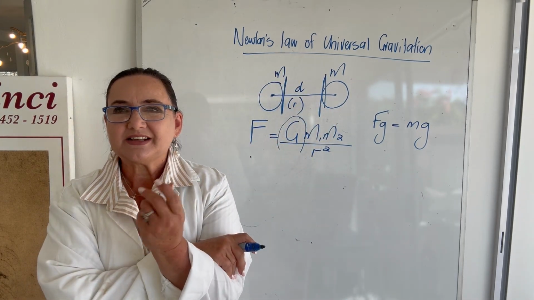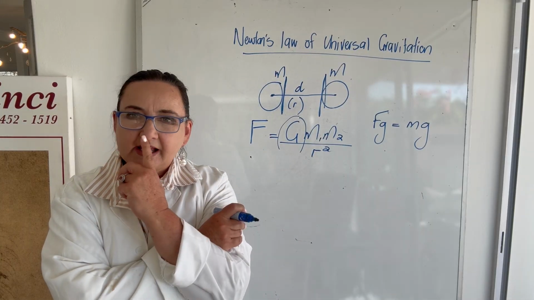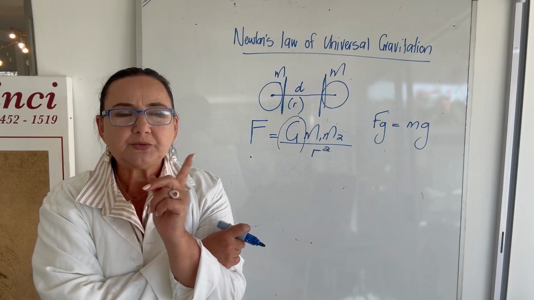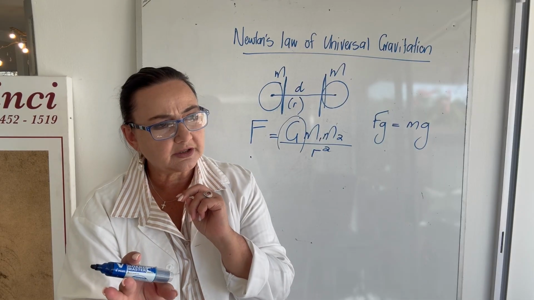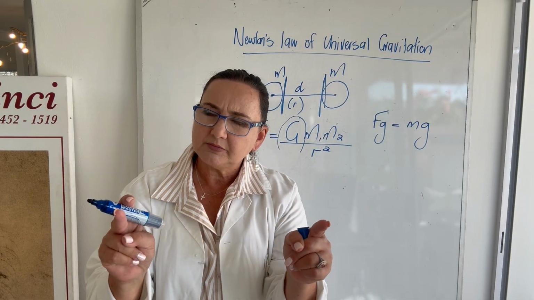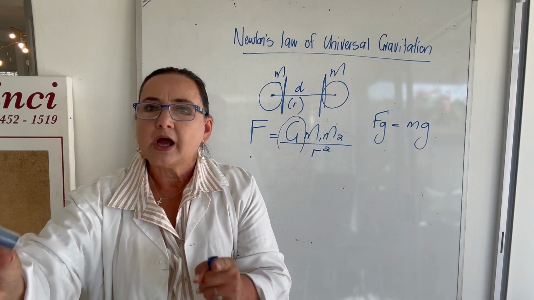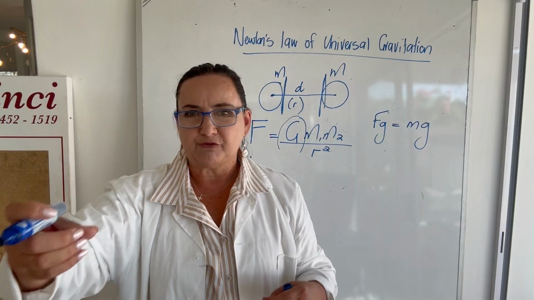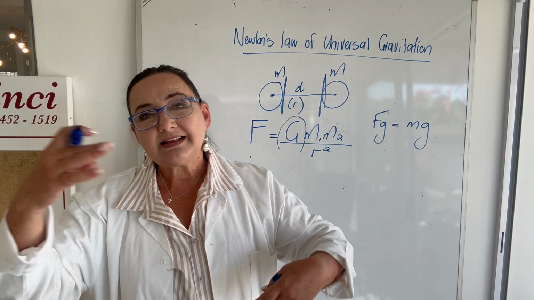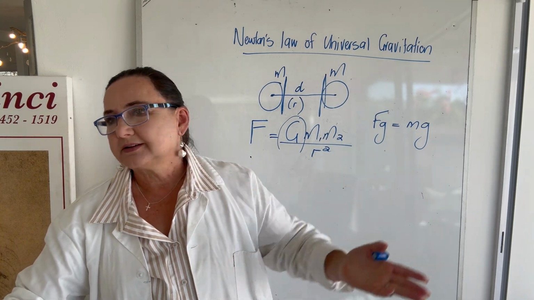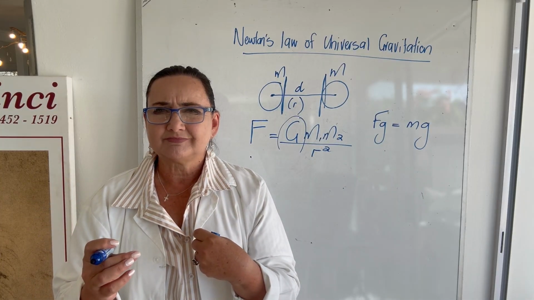For instance, and it's again in a multiple choice type question, they will say the force between 2 objects, mass 1, mass 2, with a distance r between each other equals F. What will the new F be if the mass of the one doubles, the mass of the other one times 3, and the distance between them halves?